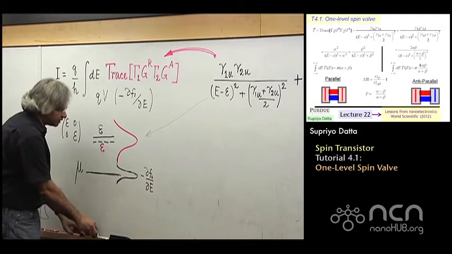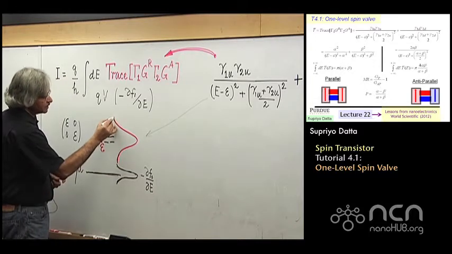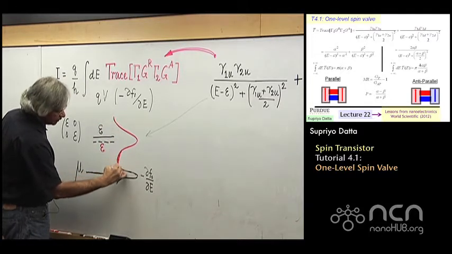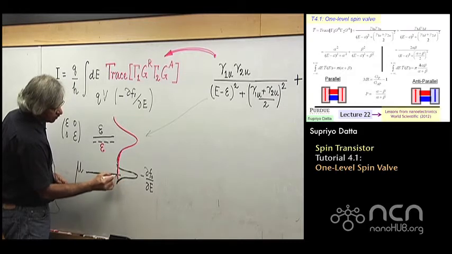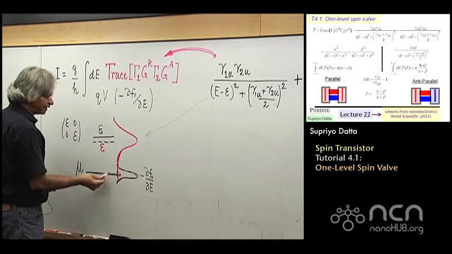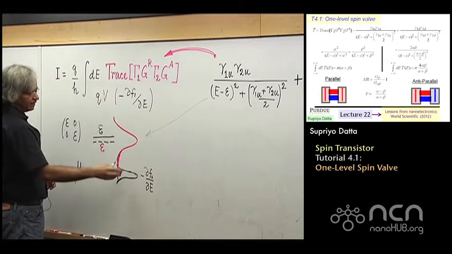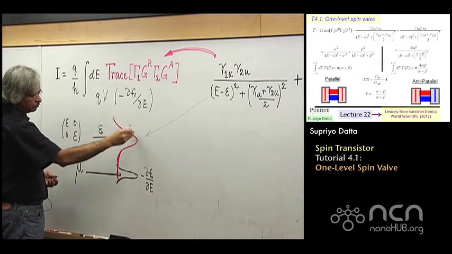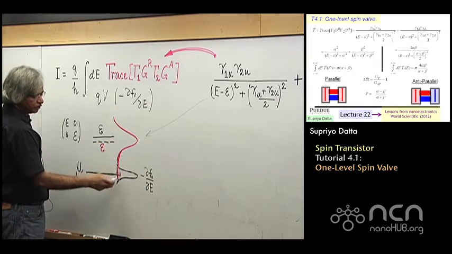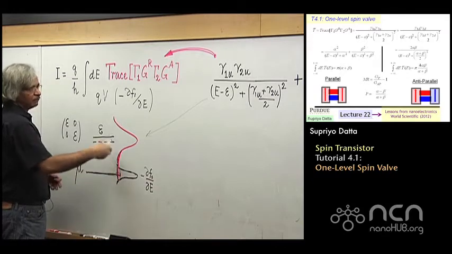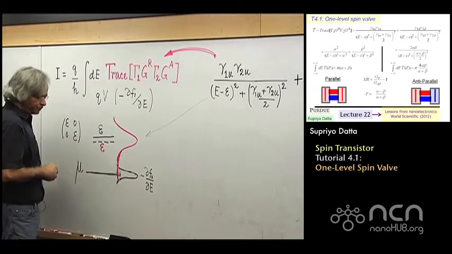So what matters is simply what this conductance looks like around the chemical potential, around E equals mu. Around that energy. That's all. That's what really matters, right around there. And when you integrate, around there we could almost assume this function is about constant out here, and that would be the value we'd use for the conductance.